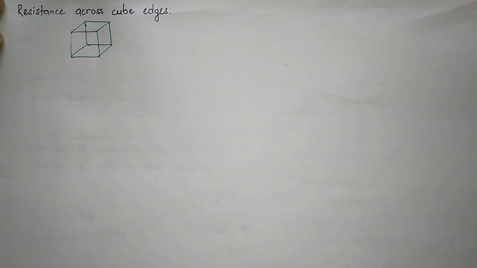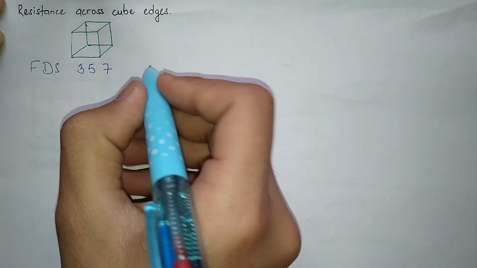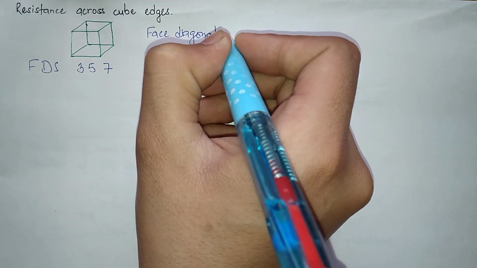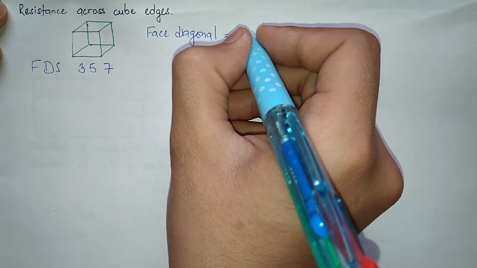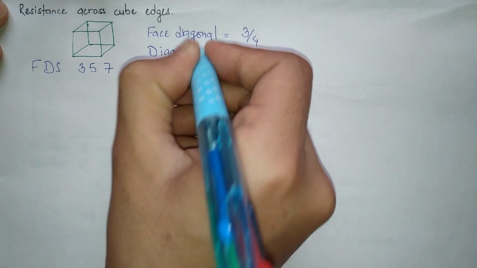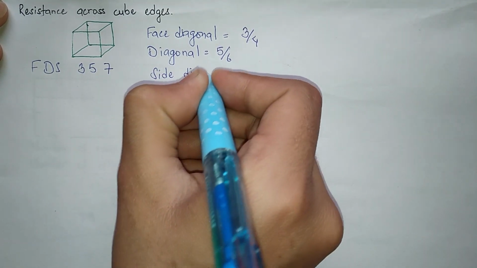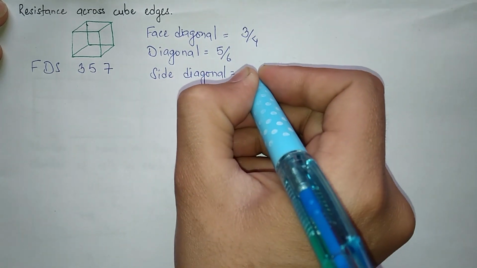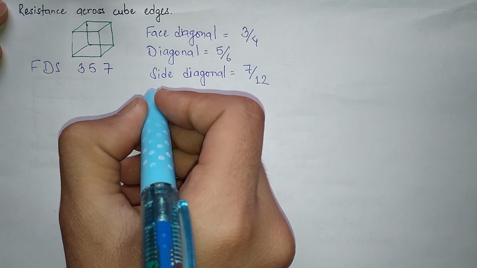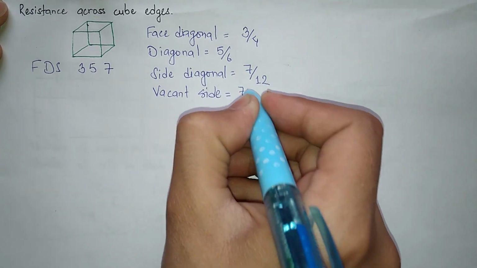So now let's discuss resistance across two vertices of a cube. You have to remember the sequence 3, 5, 7: face diagonal is equal to 3/4 R, body diagonal is equal to 5/6 R, side diagonal is equal to 7/12 R, and finally the vacant side is equal to 7/5.